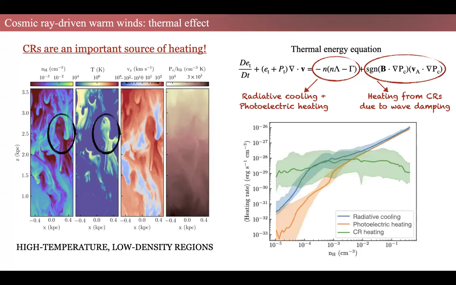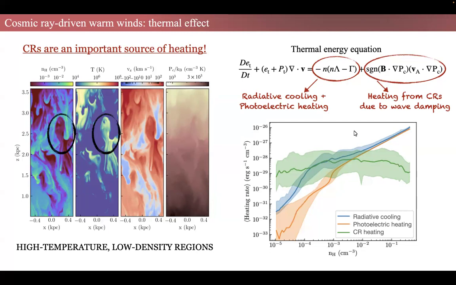Now, if we compare the average heating rates as a function of gas density, we can see that in the high density regime, gas is in thermal equilibrium with radiative cooling balanced by photoelectric heating.